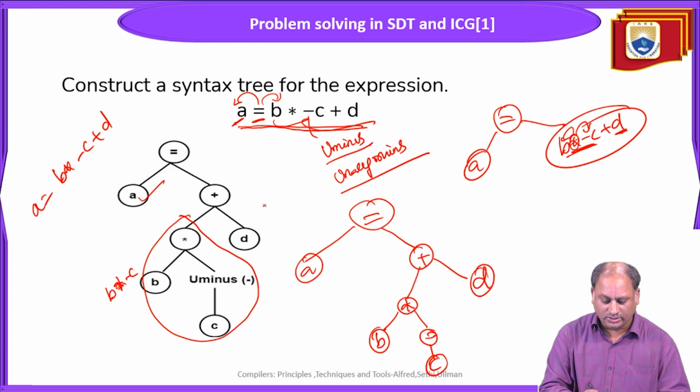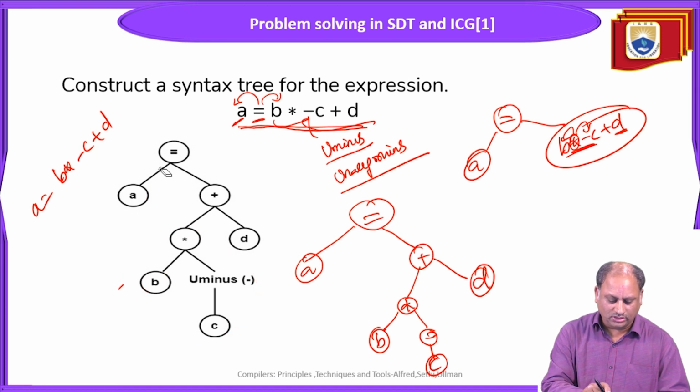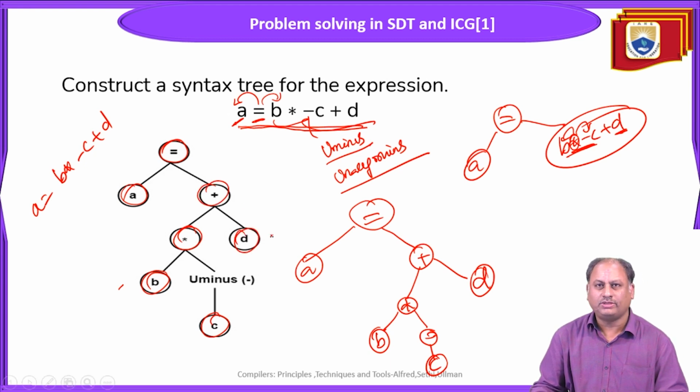Otherwise, we can also see the leaf nodes, each a terminal: a, equal, b, unary minus, star, plus and d. Like this we represent a syntax tree notation.